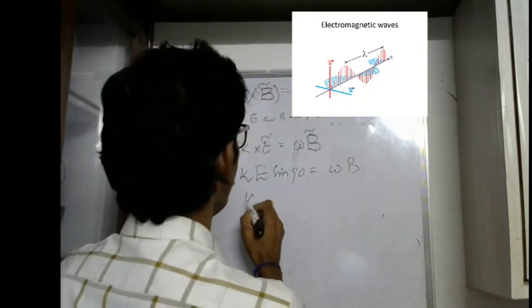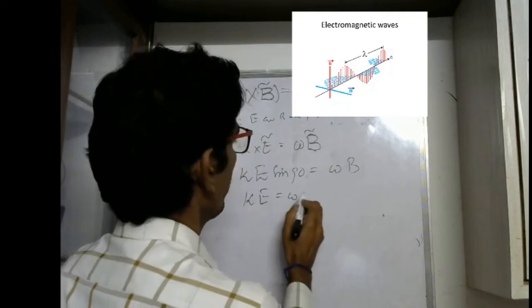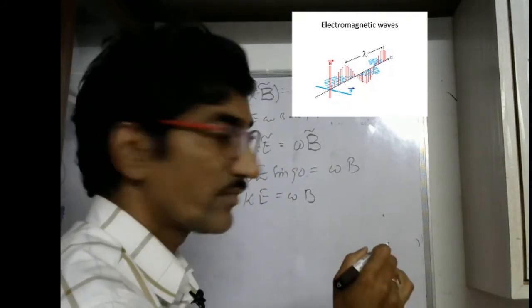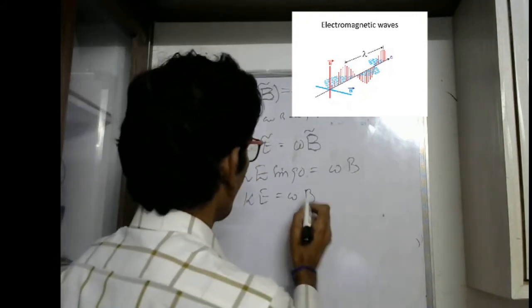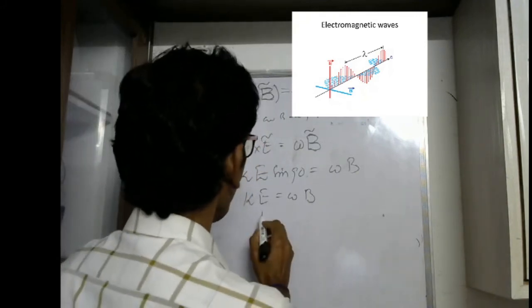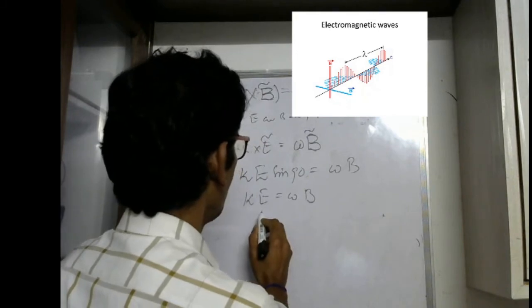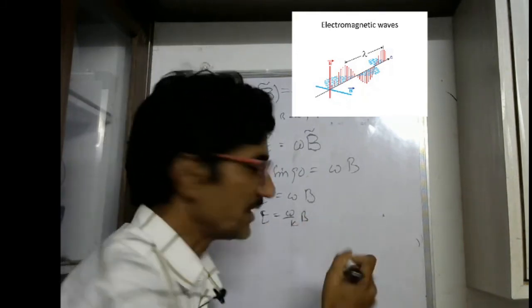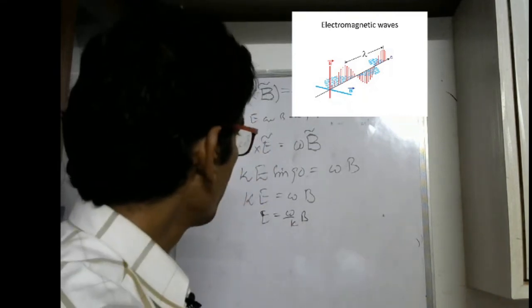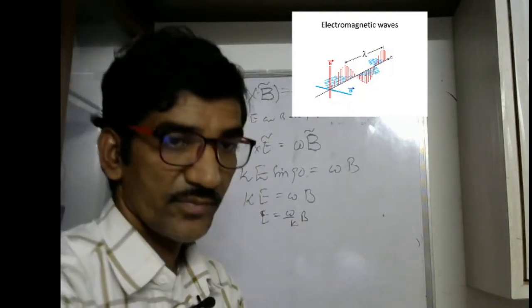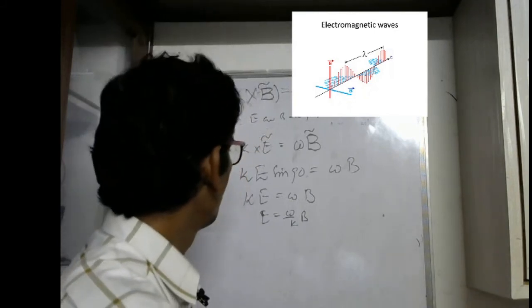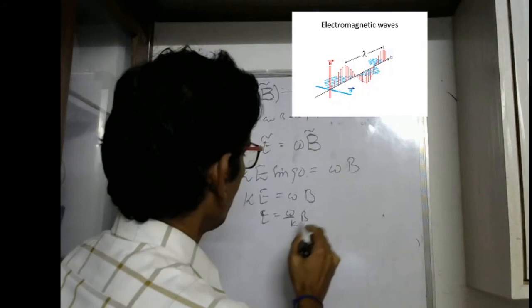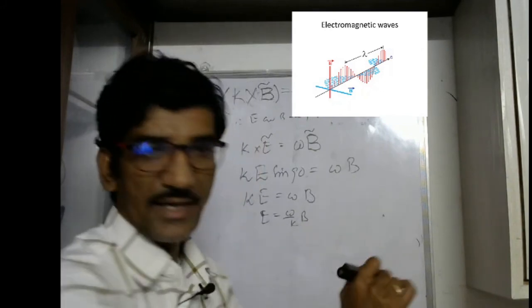Here you have K E is equal to omega B. So E is equal to omega by K times B. Now, what is omega by K?